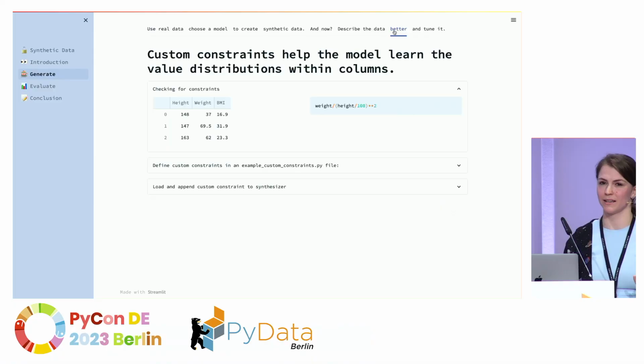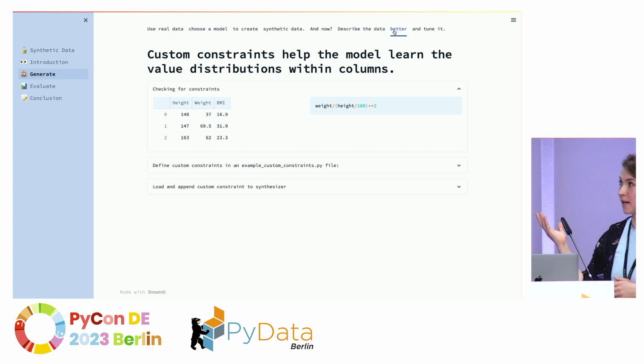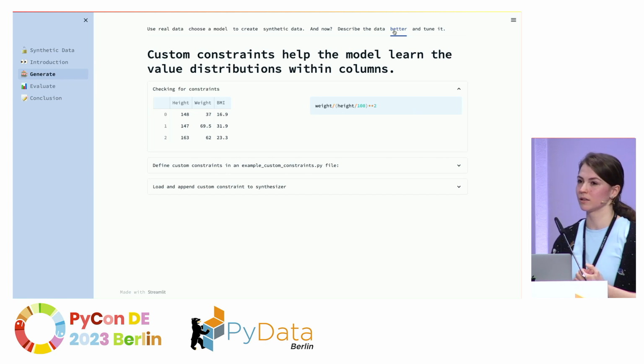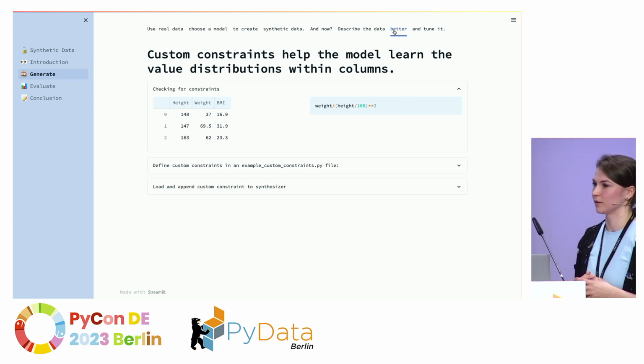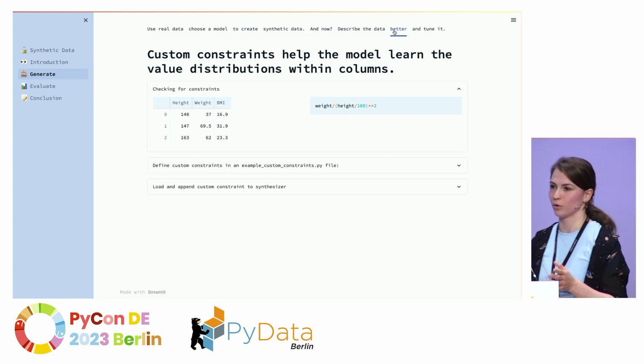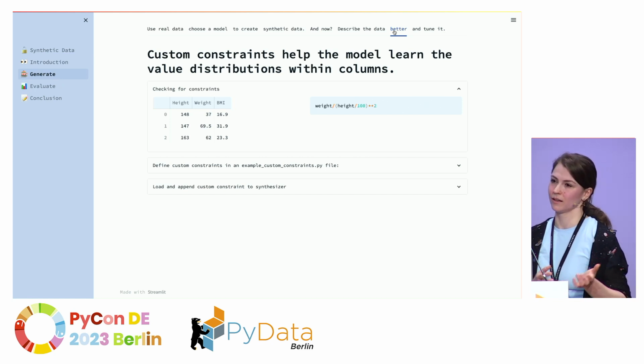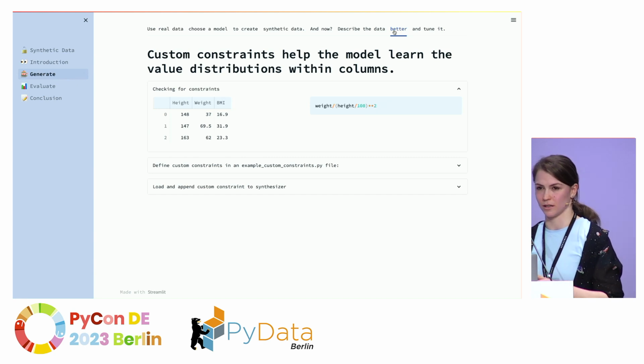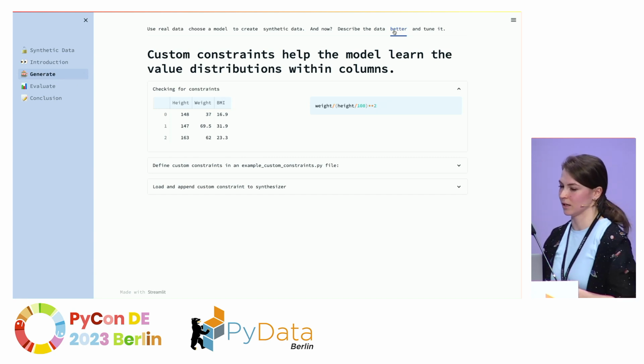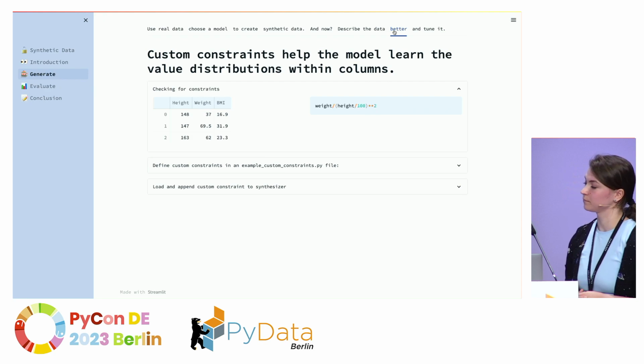Here you can specify the constraint you have in mind. The package supports datetime format columns, and there you can tell the model which columns should be before or after. We also often have the use case where a column should always be larger than another one. These kinds of things you can tell the model to do.